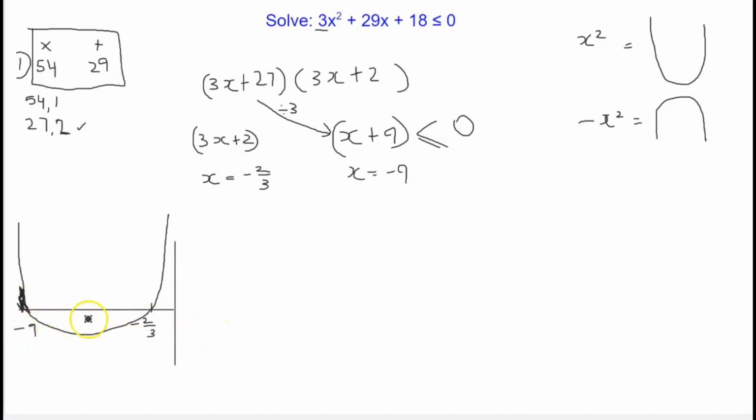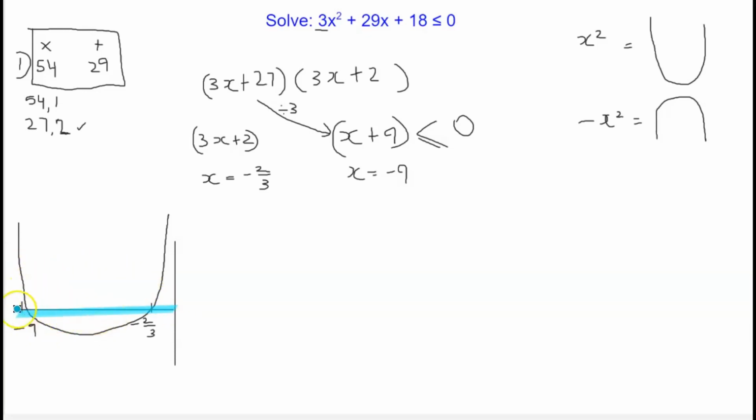So what we're trying to find is the point where the y value is less than 0, or this line here, if I highlight it, so it's less than 0. All of this.